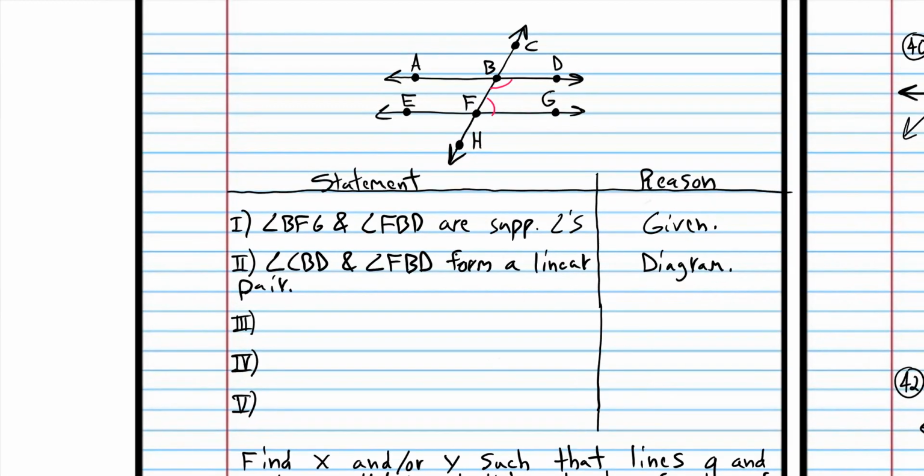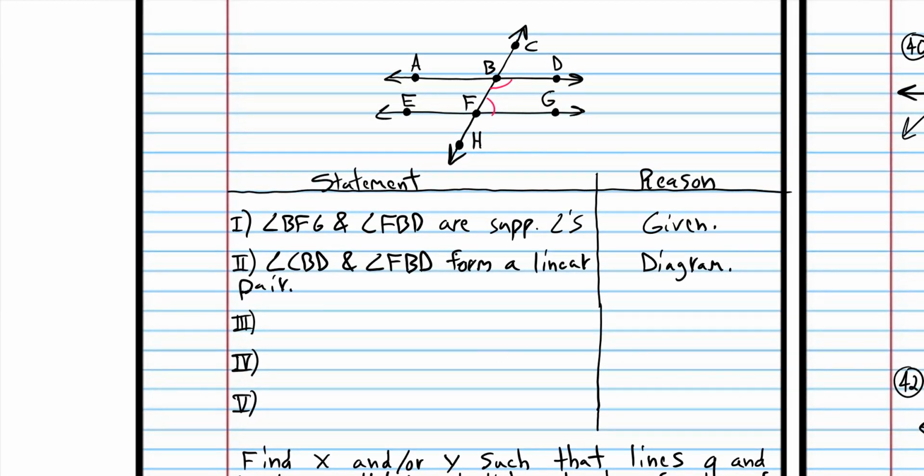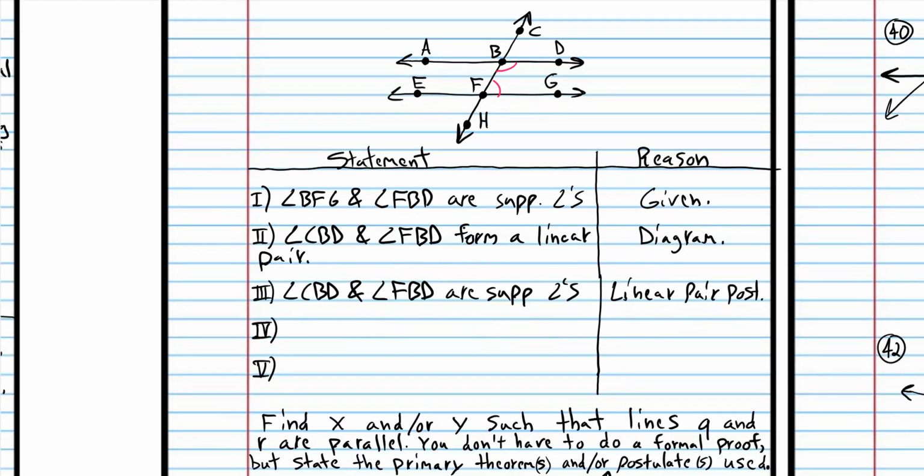So now, by the linear pair postulate, if these form a linear pair, they must be supplementary. So angle CBD and angle FBD are supplementary angles. That's the linear pair postulate. So now, at this point, we can use a theorem to make this go faster. We learned how to do that in the last class.